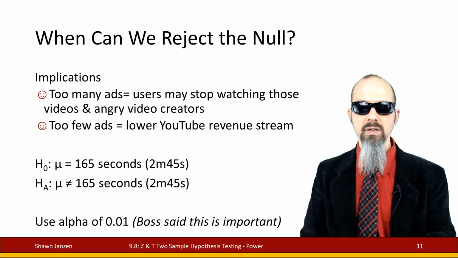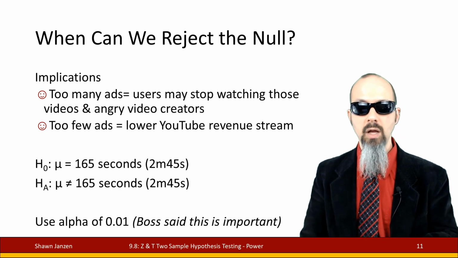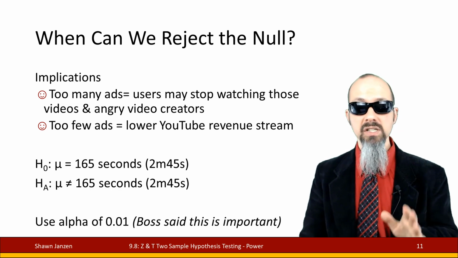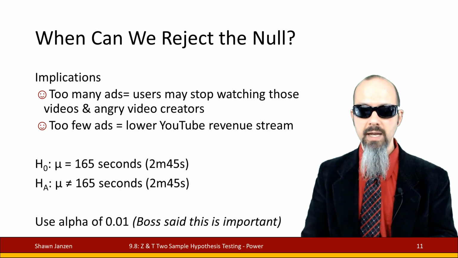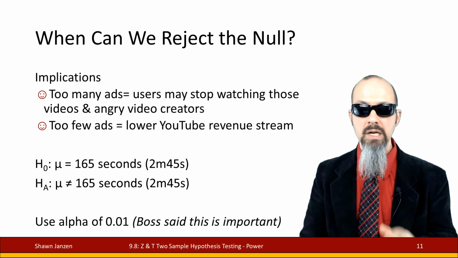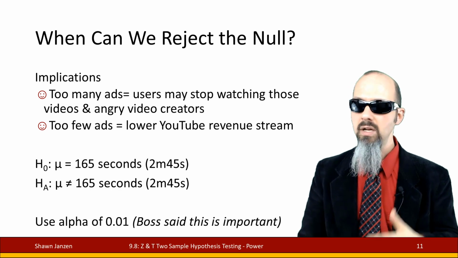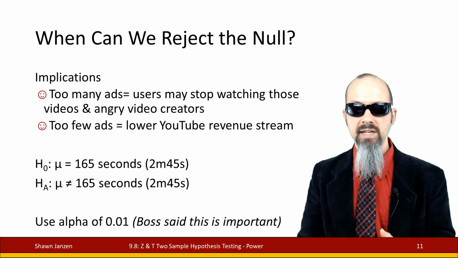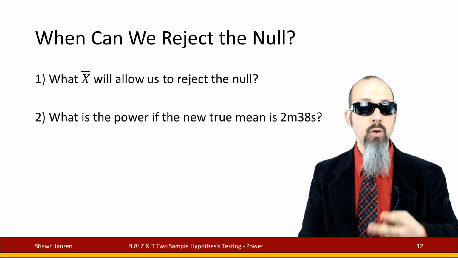We're not really concerned yet at the moment if we should be going higher or lower, but just not 165 seconds. And we're using a small alpha this time, even though it's only a sample size of 100. We're using a small alpha this time of 0.01 because the boss says that this is really important. It's more important that we don't commit a type 1 error right now, so we're being authorized to go with a lower level alpha. And so we're going to ask two questions from here.